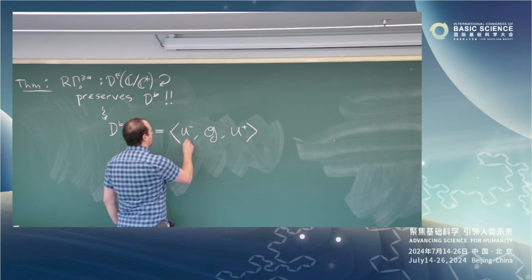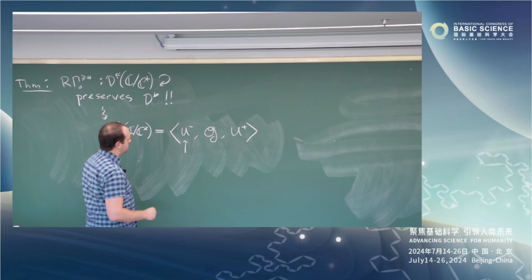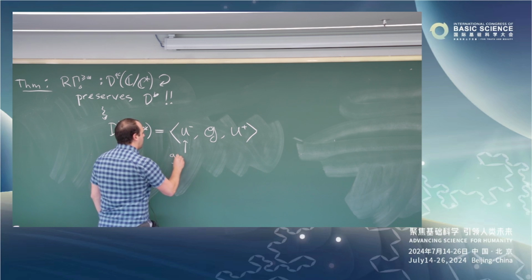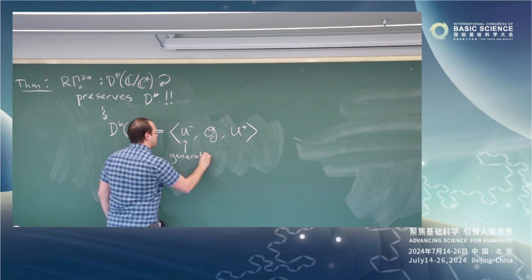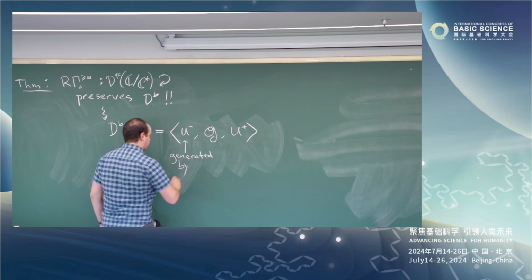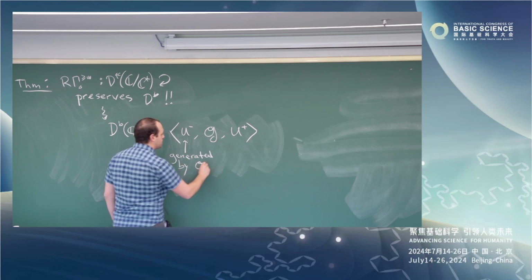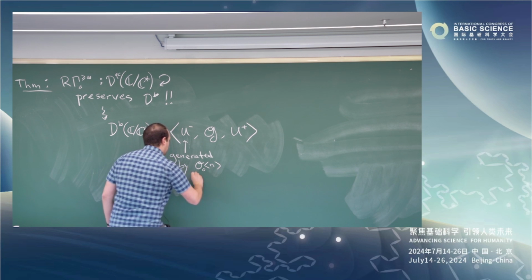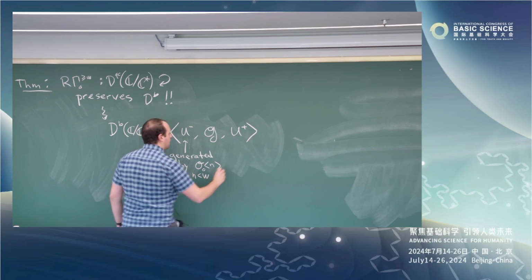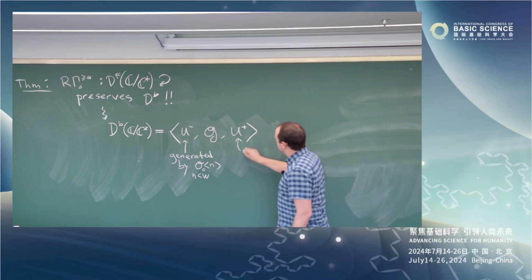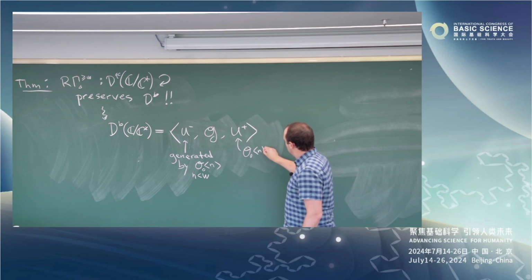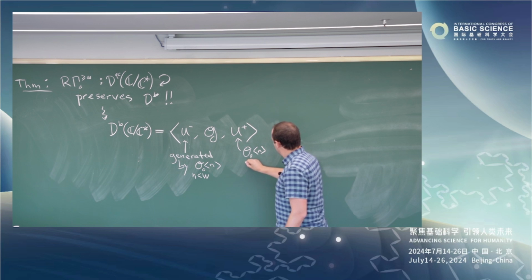So in this case, this category is just generated by the skyscraper sheaf at the origin, twisted by n, for n less than w. And this is generated by the same for n greater than or equal to w.